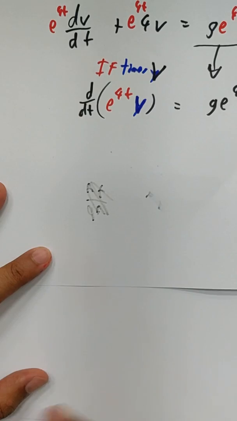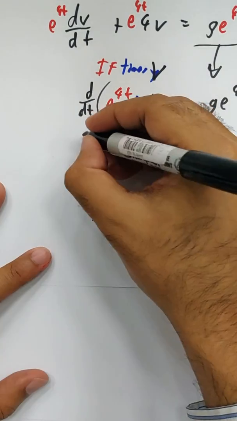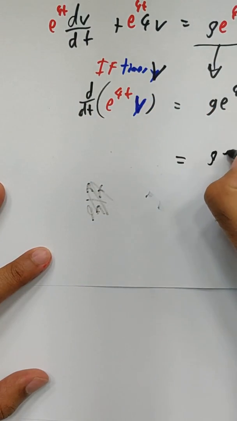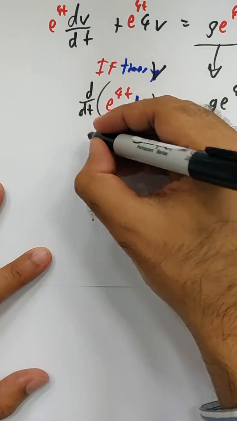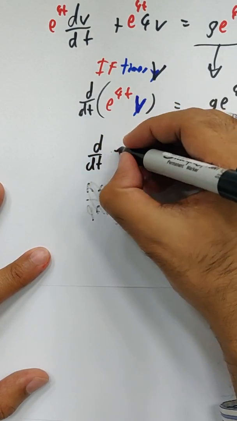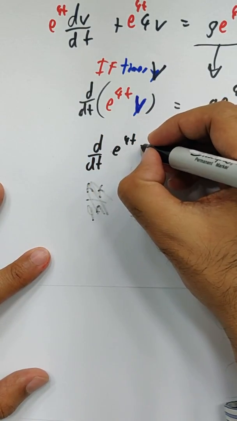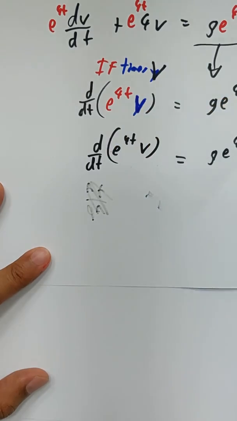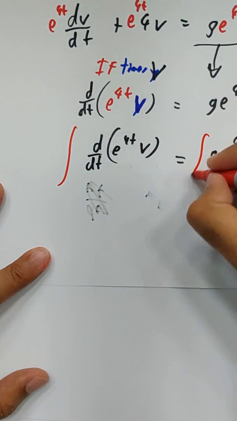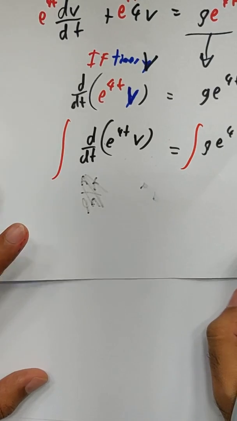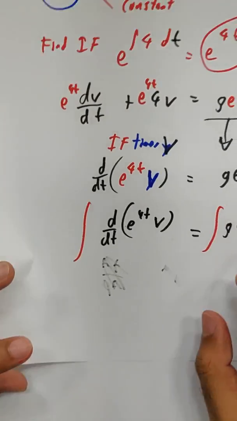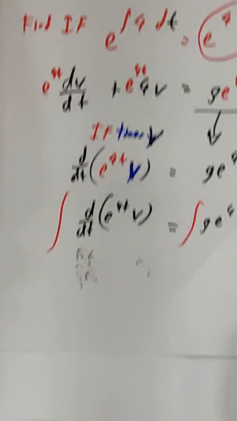Integrate this one. And now we integrate, right? With respect to what? dt is supposed to be dx, by dx is dt.